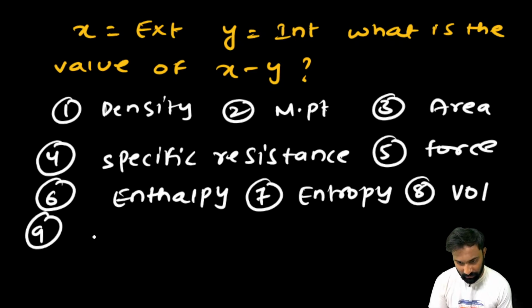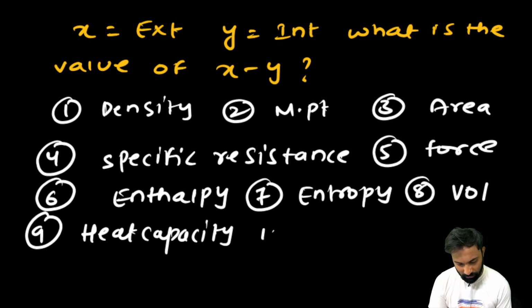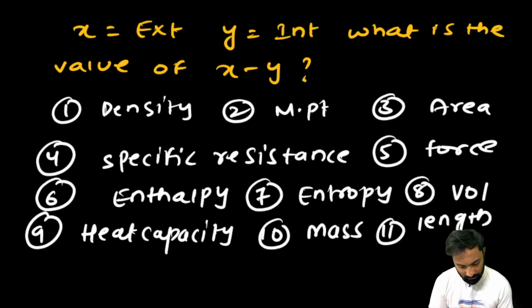Ninth one, heat capacity. Tenth, mass. Eleventh, length. Clear?